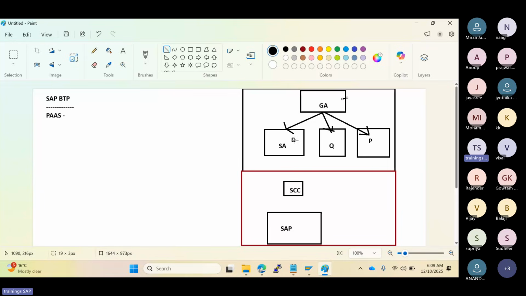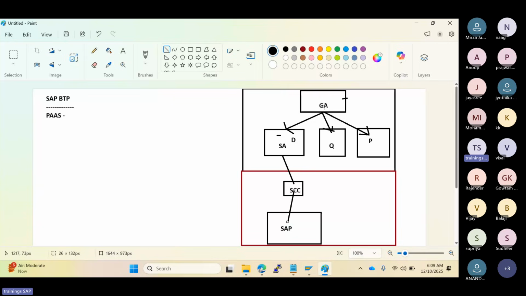Sub accounts are the business accounts where we actually subscribe to all the services, tools, and databases at the sub account level. We use the services here. That's why sub accounts are the business accounts. Then the sub accounts need to be integrated with the cloud connector, from the SAP systems to the cloud connector.